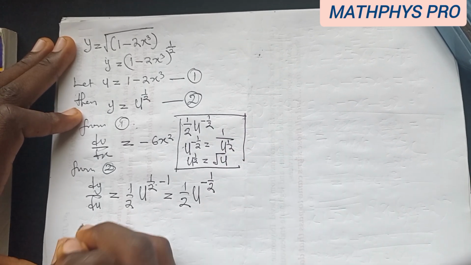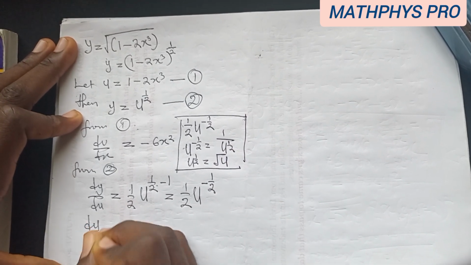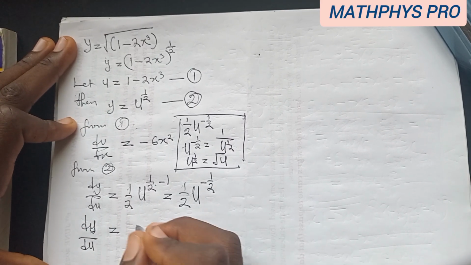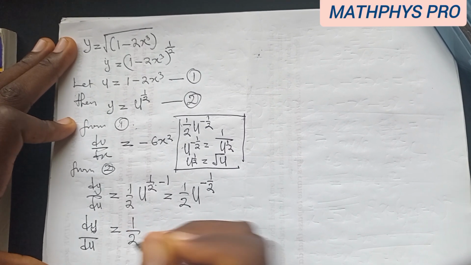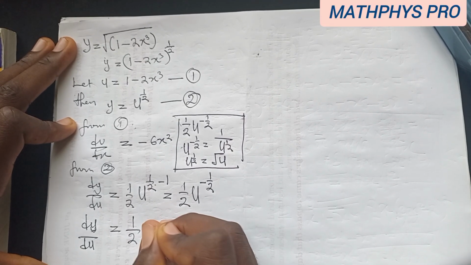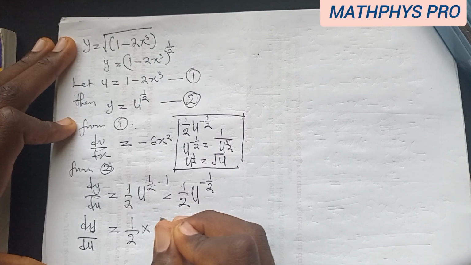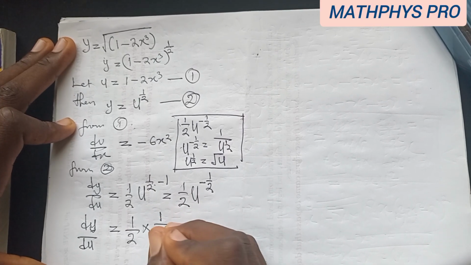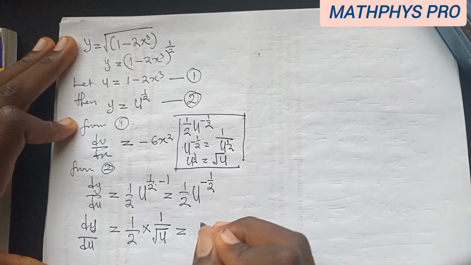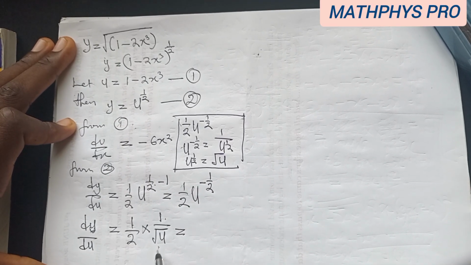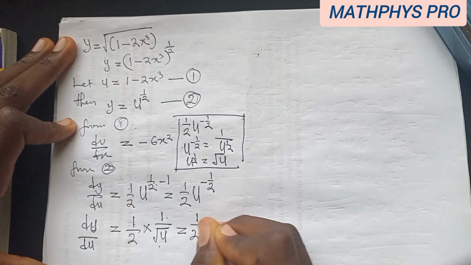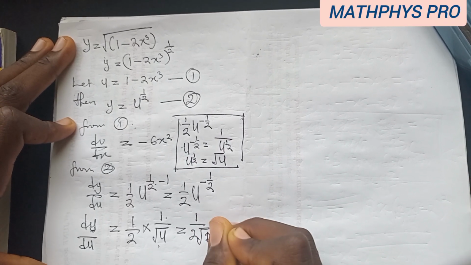So therefore, dy du will be equal to 1 over 2 times 1 over root u. So 1 times 1 gives you 1, 2 times root u gives you 2 root u. So we have 1 over 2 root u.